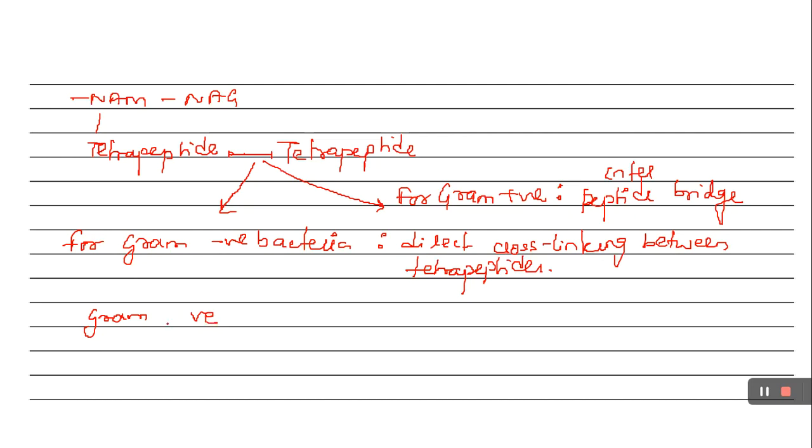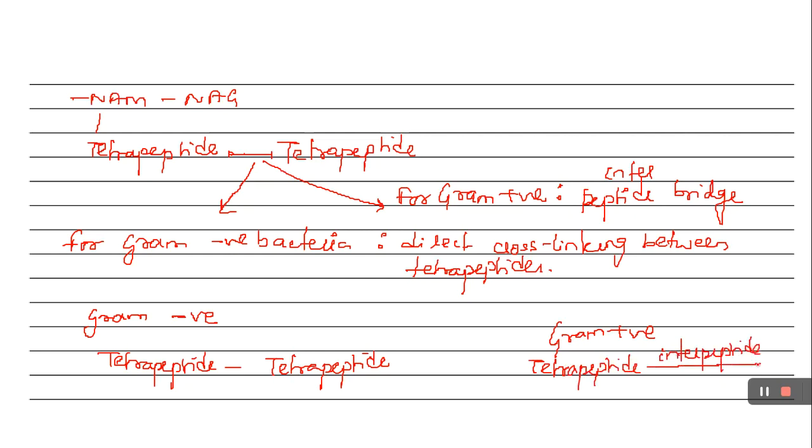In one case, there is a direct linkage between the tetrapeptides, with no peptides in between. In the other case, there is a tetrapeptide, and in between there is a peptide interbridge.